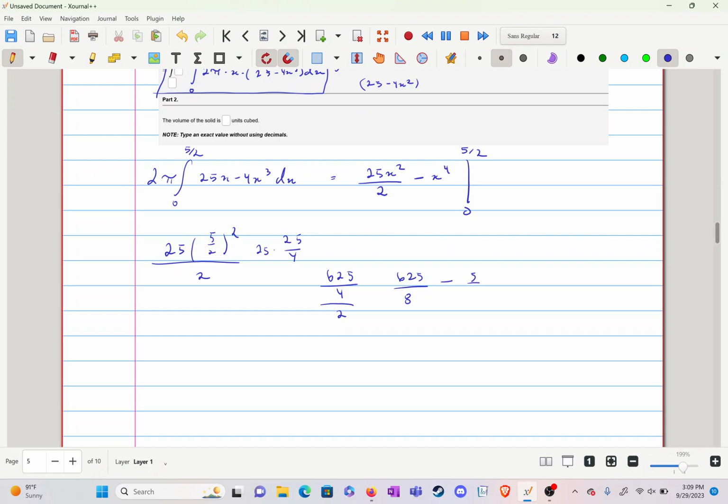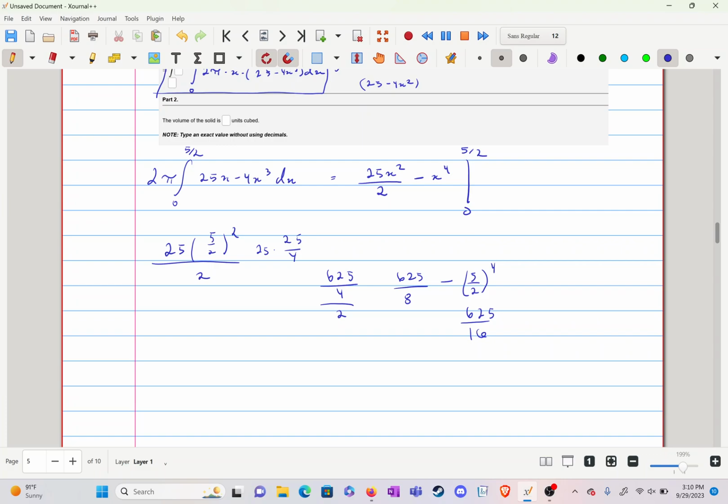Minus 5 over 2 to the 4th. Now I don't quite know that off the top. Oh, I should maybe. So 5 squared is 25, 5 cubed is 125, 5 to the 4th is 625, and 2 to the 4th is just 16.